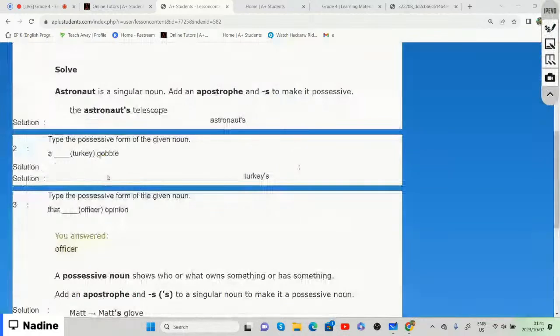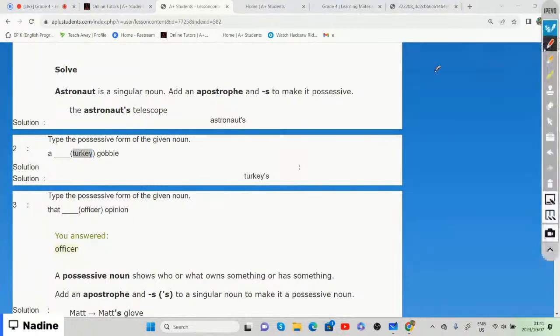A turkey gobble. We need to show or type that word, and we need to type the possessive form of that word. A turkey gobble. So if we rewrite that sentence, we will say a turkey's, apostrophe and S, gobble. A turkey's gobble.